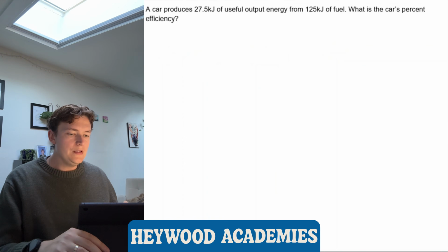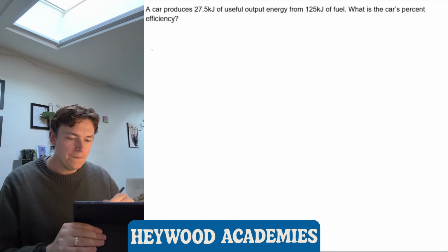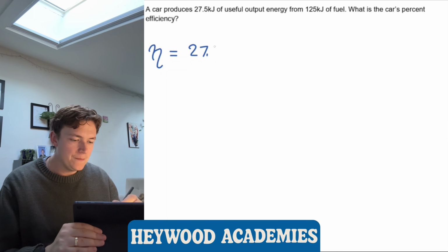A car produces 27.5 kilojoules of useful output energy from 125 kilojoules of fuel. What's the car's percent efficiency? So same deal as before. It's what we get out over what we put in. We get out 27.5. Now in this one we have kilojoules. Let's write the units in here.